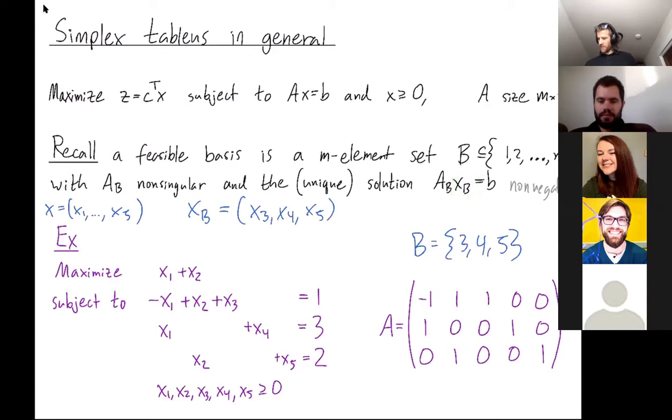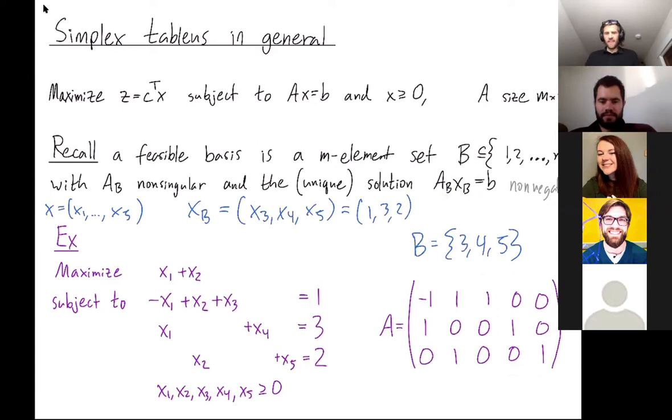So in this particular example, I take this square matrix, I multiply it by the vector x3, x4, x5, and it's supposed to equal 1, 3, 2. So it's pretty easy on this example to solve for x3, x4, and x5. They had better be 1, 3, and 2, because AB was the identity matrix.